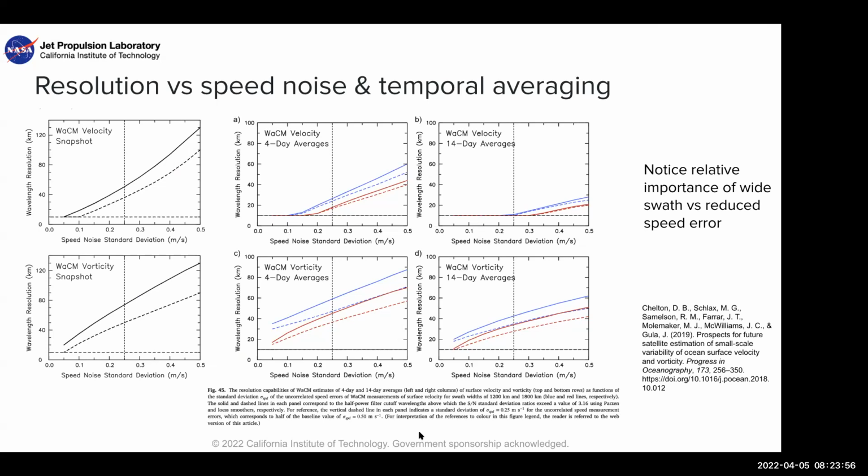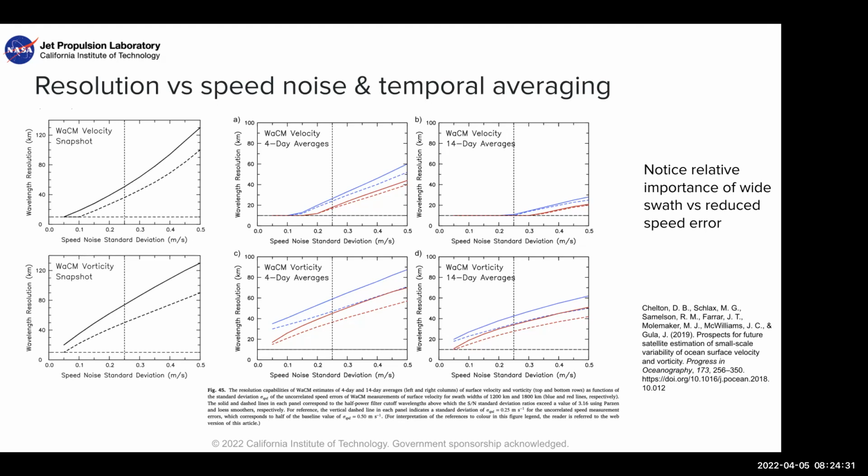In Dudley and company's paper, they looked at the resolution capabilities, both in instantaneous measurements and as you average in time. So on the left, you see snapshot resolutions in terms of the wavelength, and I won't have time to go into detail what that means, but basically it's a signal to noise ratio in the spectral sense of 10 between the kinetic energy, let's say in the velocity, and the noise.